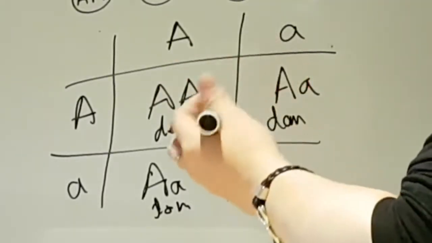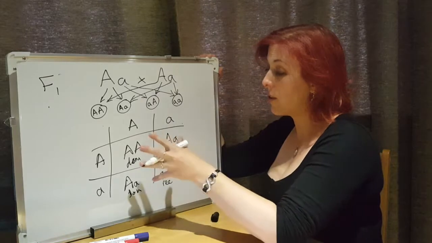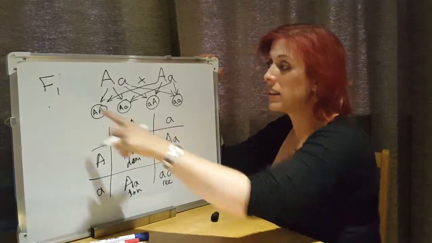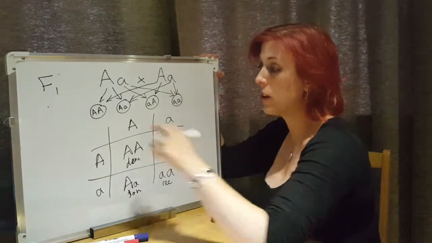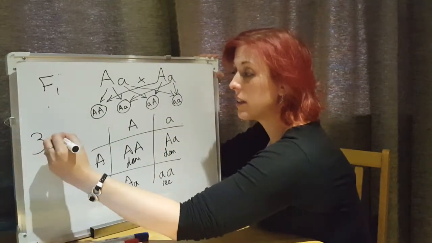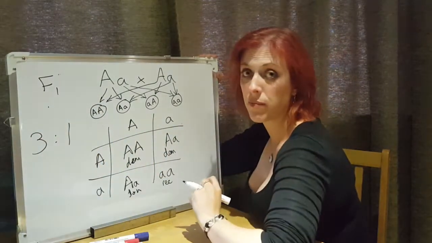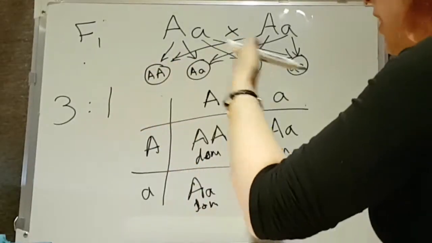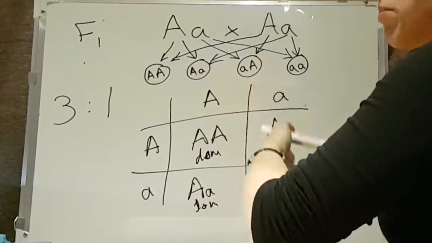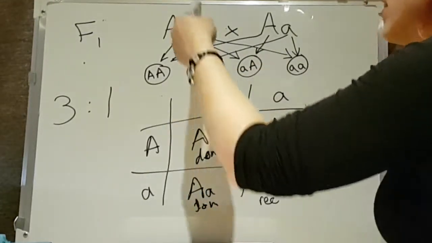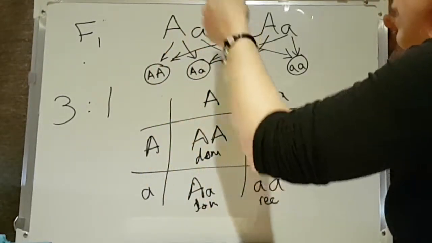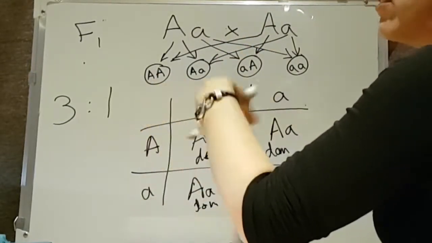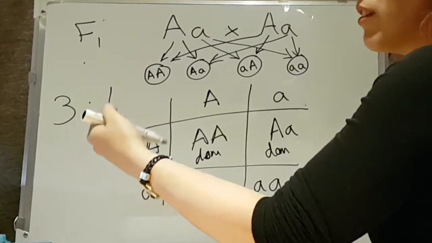So the ratio of dominant to recessive phenotypes in a monohybrid test cross of this nature would be 3 dominant to 1 recessive. And this is referred to as a Mendelian ratio because it follows this strict principle of Mendelian inheritance, that alleles are segregated separately into the gametes, and there are a full range of possible recombinations of these alleles.